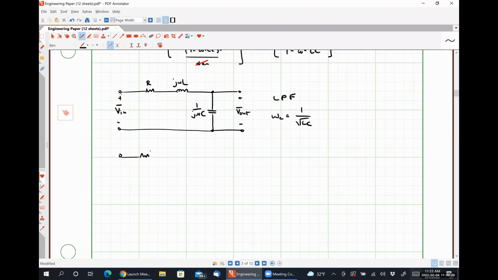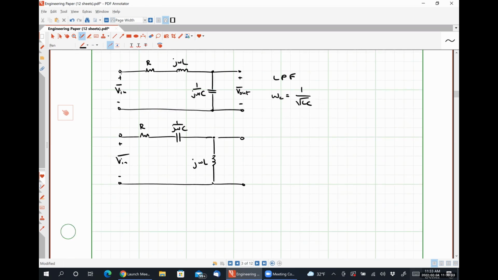What if we switch the position of the capacitor and the inductor? R, 1 over j omega C. Here's j omega L. Here's Vin. Here's Vout.